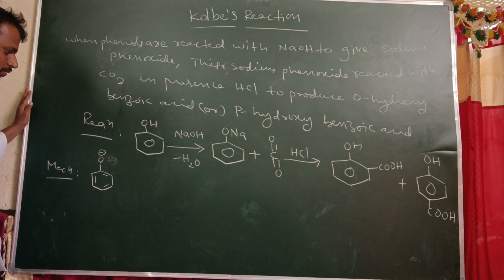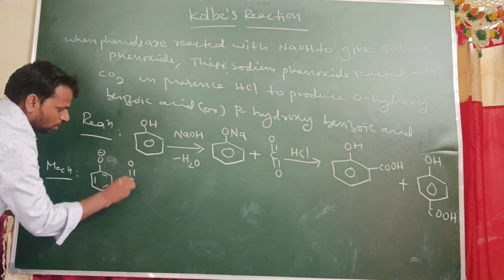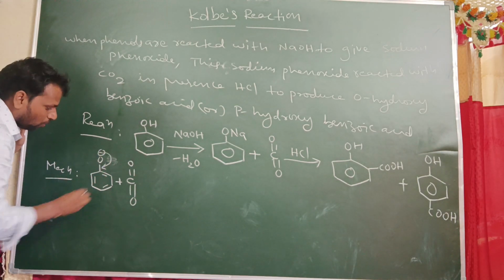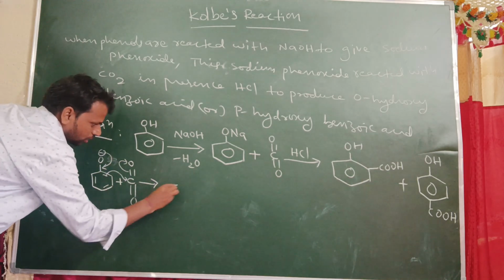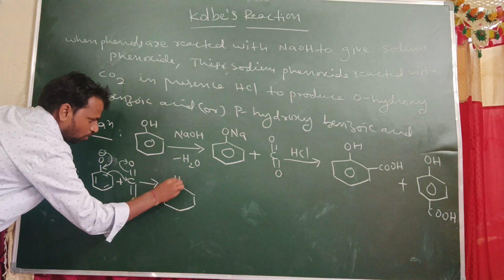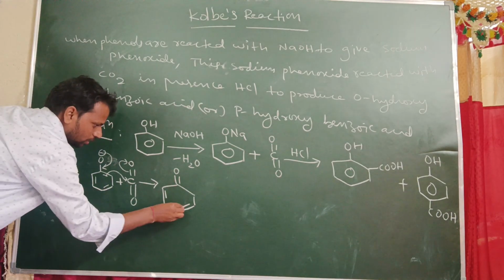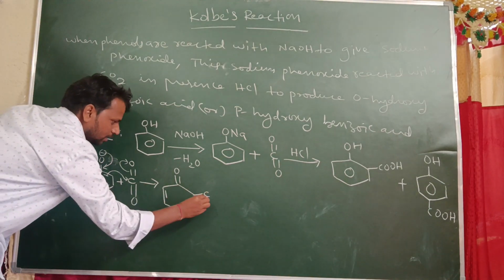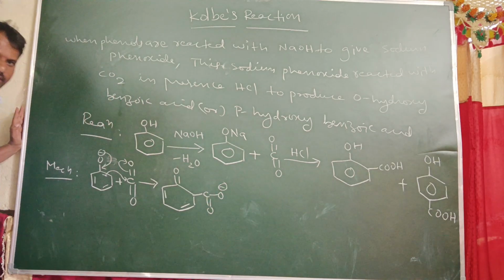This O minus attacks the C double bond O of carbon dioxide. A new bond is forming here, and the pi bond moves to this side. So we should write it like this: here double bond oxygen, here a single bond, here a pi bond, and here C double bond O and O minus.